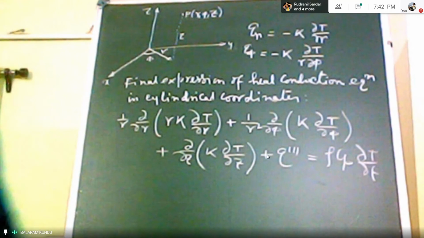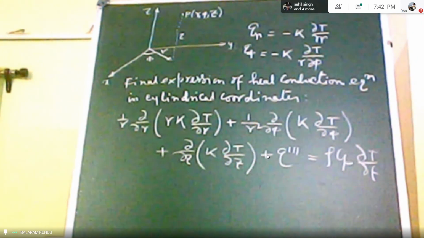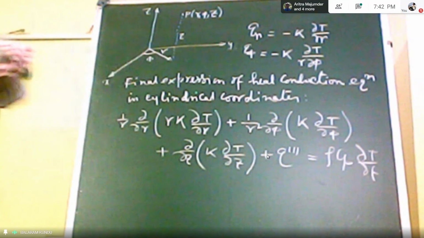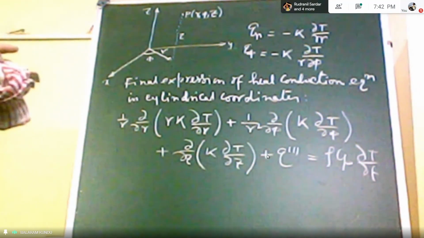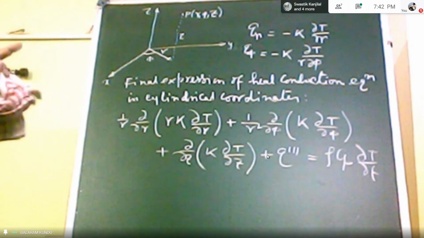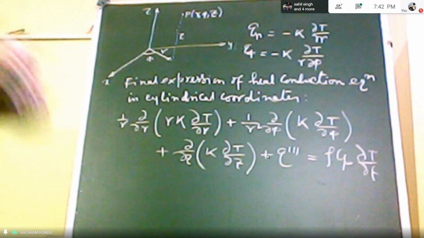Here I have mentioned that a concentric hollow cylinder has been taken, with the inner surface maintained at a constant temperature T1 and the outer surface at another constant temperature T2, and T1 is greater than T2.